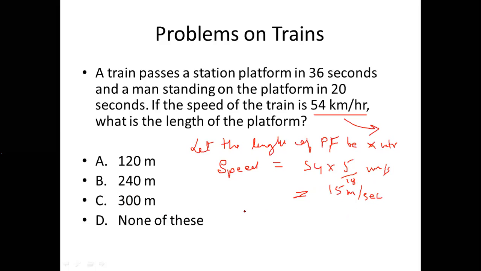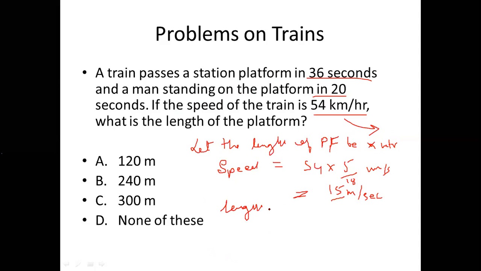And now what we have to find is the length of the train also. For that, it is given that a man standing on a platform sees the train pass in 20 seconds, and the train passes the station platform in 36 seconds. So we multiply the speed by the time that we have, and that will be the length.